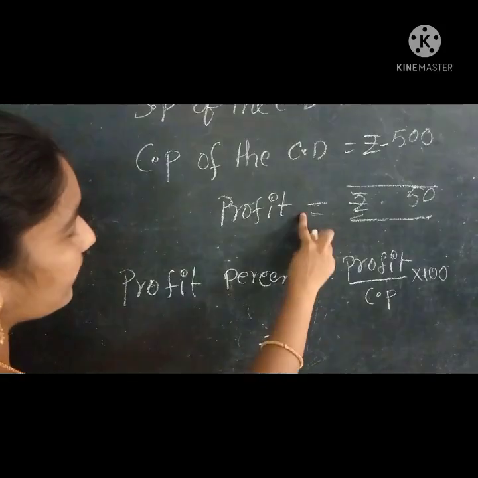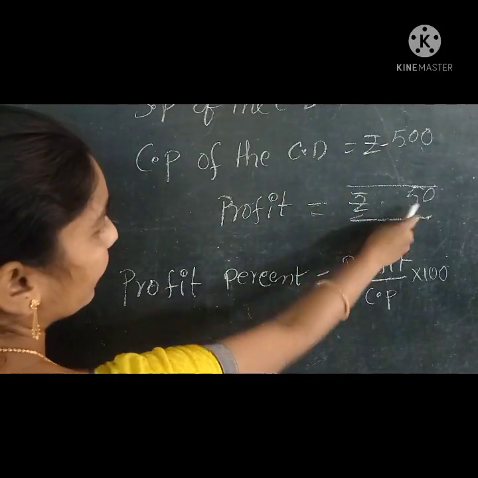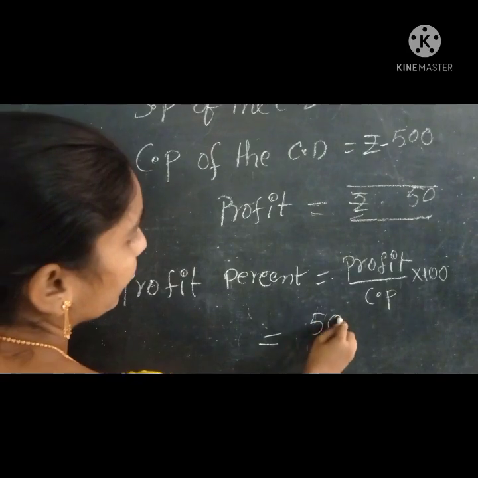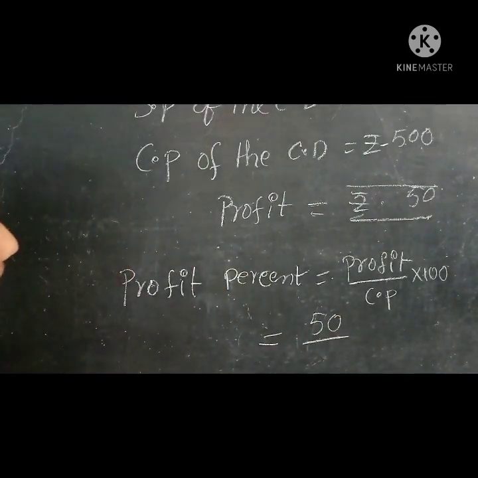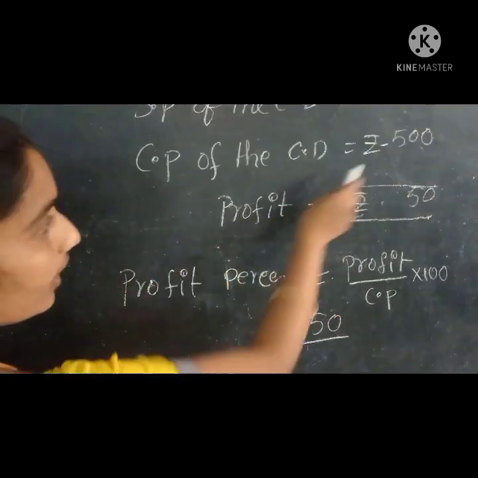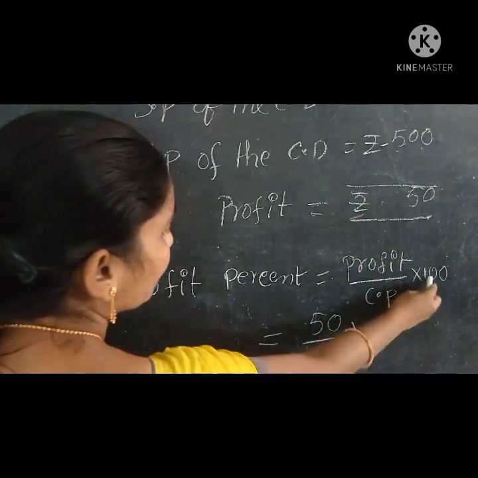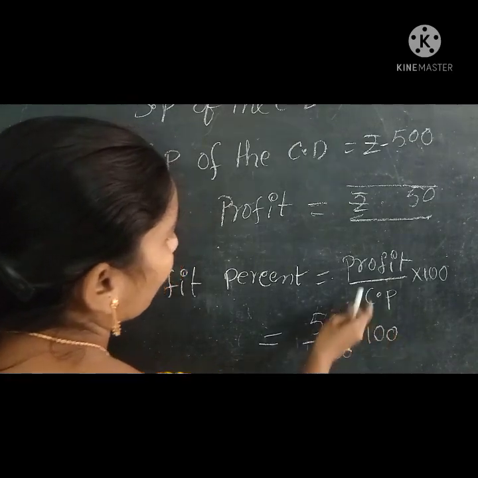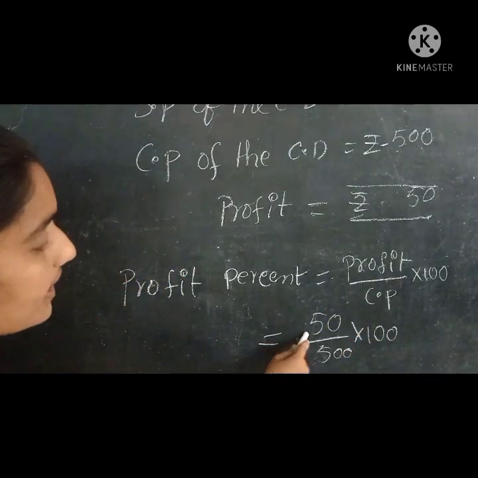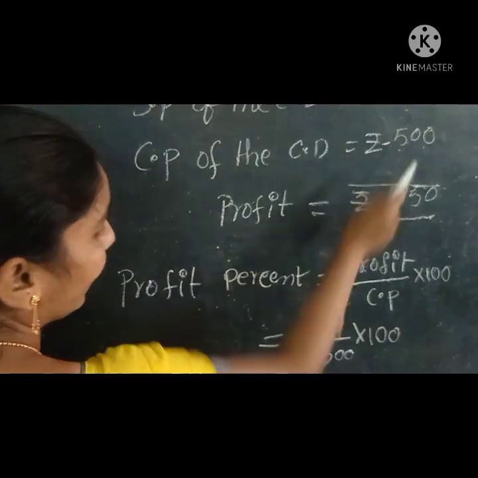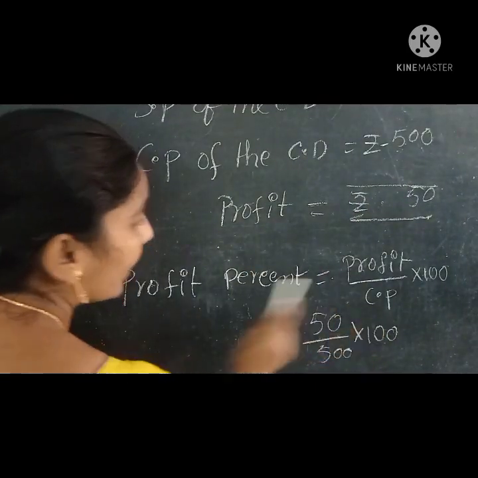What is the profit here? 50 rupees. 50 by cost price, which is 500, into 100. Profit is equal to 50 rupees by cost price is equal to 500 rupees into 100.